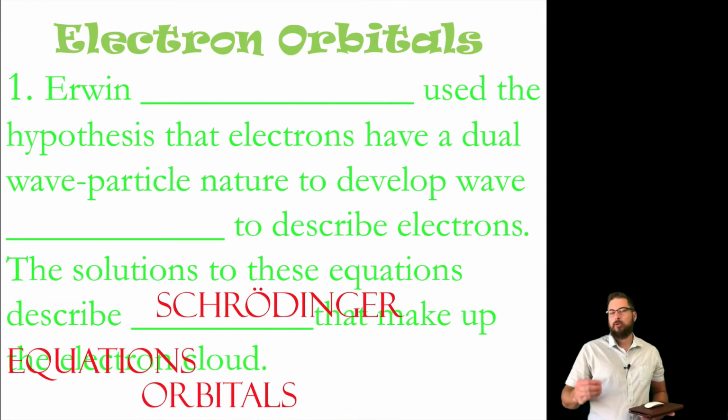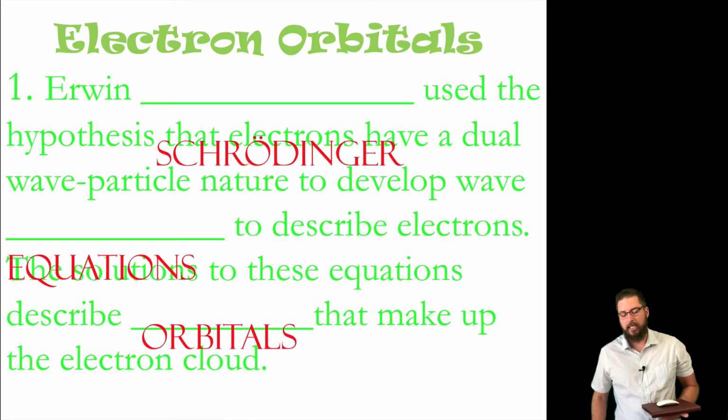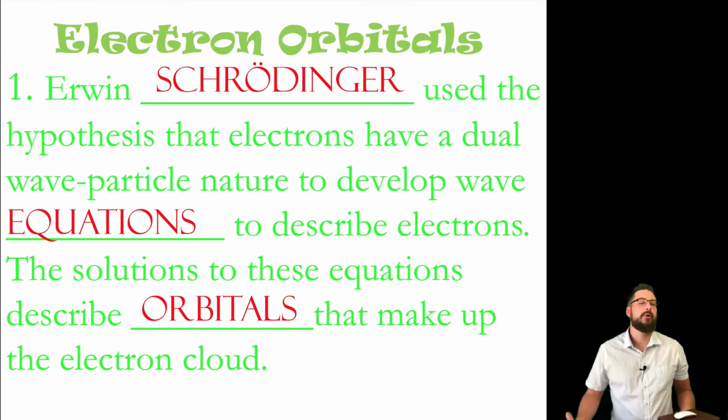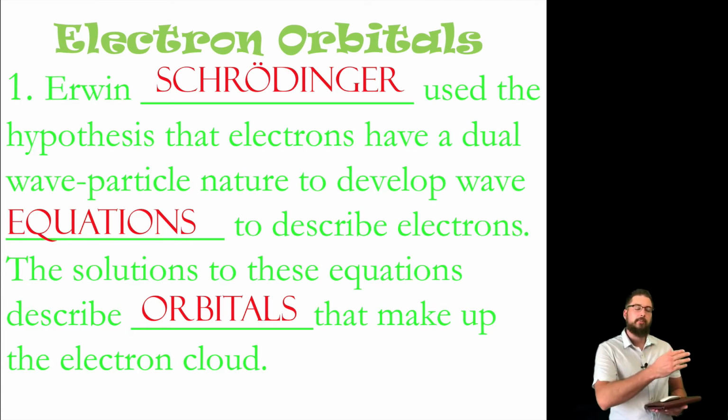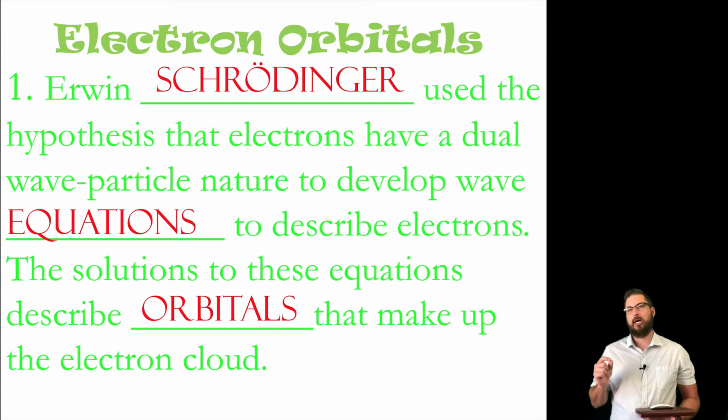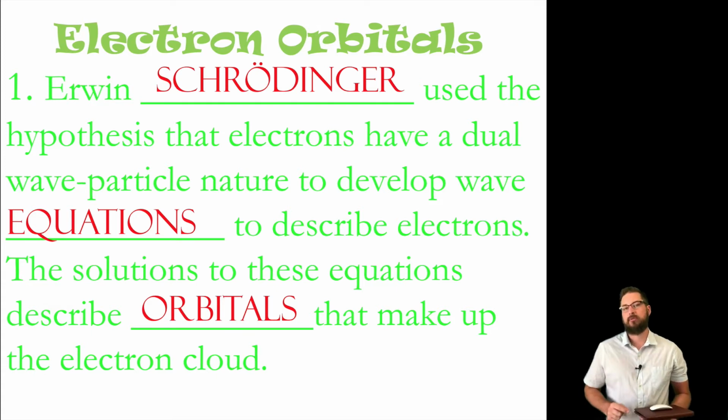Erwin Schrodinger came up with equations that describe the shape of these different orbitals that exist within these sublevels. The way he came up with these equations is, at some point, we learned that the electron doesn't behave just like a particle, but it also behaves like a wave.